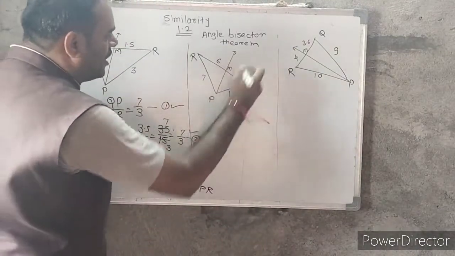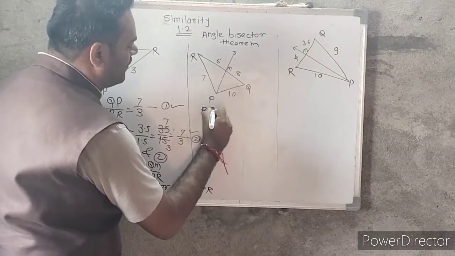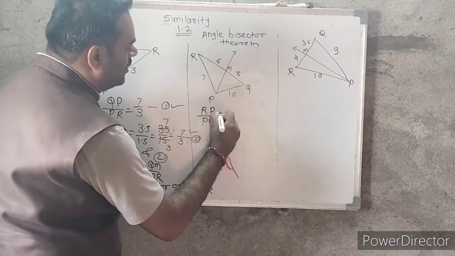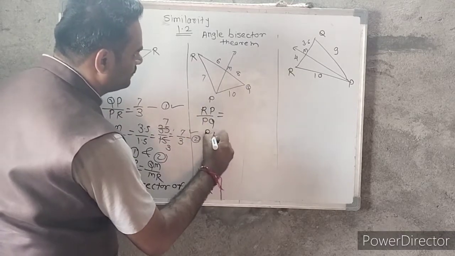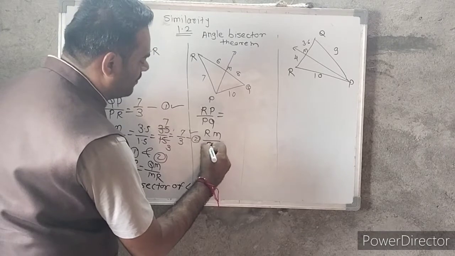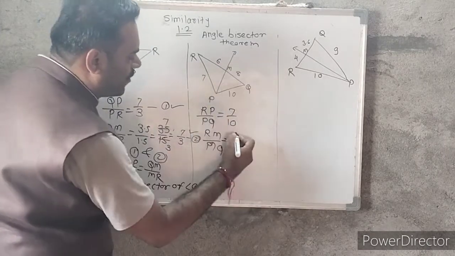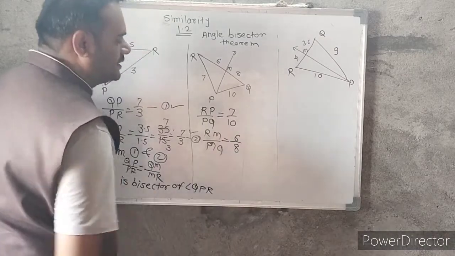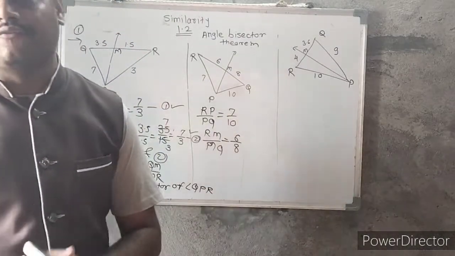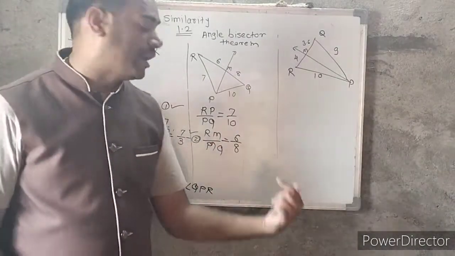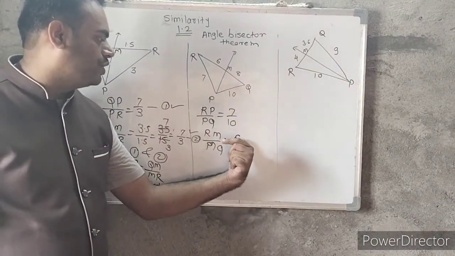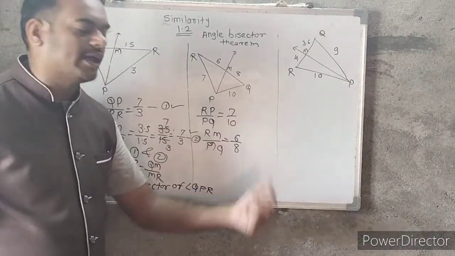Okay, so in the second example you have to do it the same way. Take the ratio of RP upon PQ, and also RM upon MQ. So here 7 upon 10 and here 6 upon 8. Just see whether they are matching or not. Definitely not. After reduction also they are not matching. If you reduce, 1, 2, 3, 6, 2, 4, 8, they are not matching.